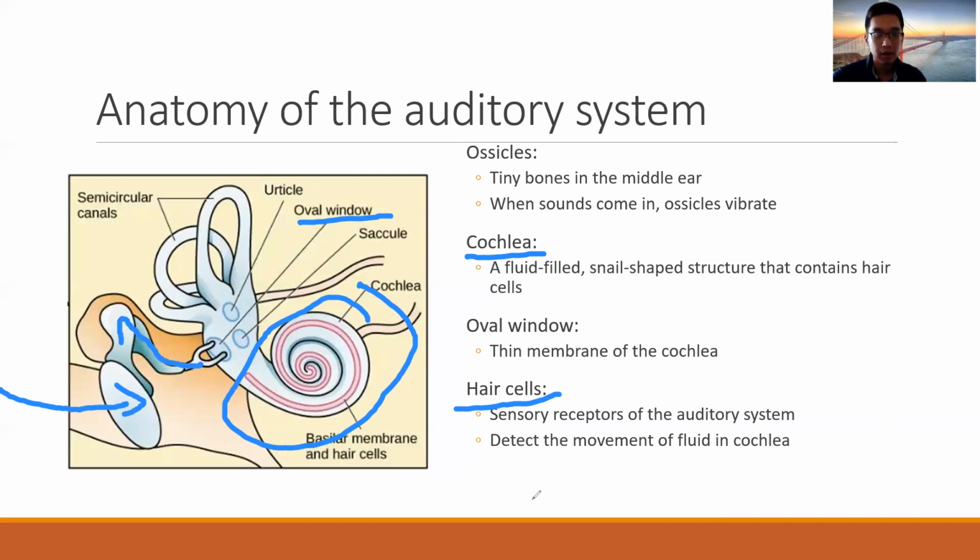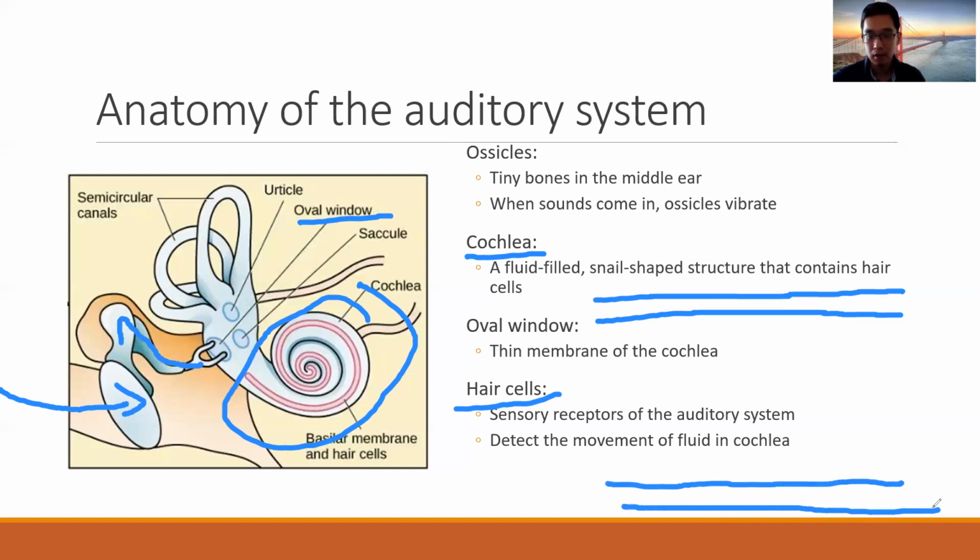For example, this is the surface of the cochlea. It's like a tube shape, right? On the inner surface of the cochlea, there are hair cells. You can see all this part is the fluid in the cochlea.